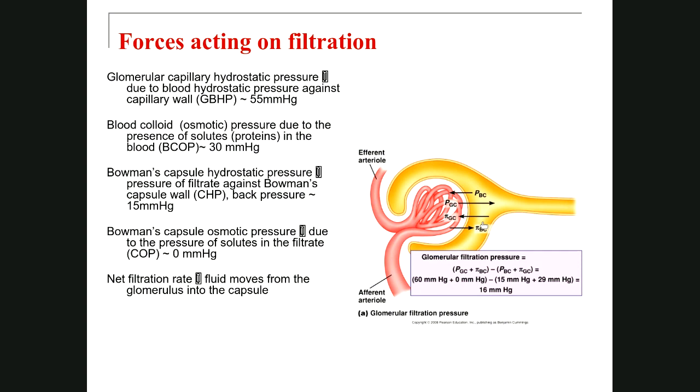So the amount of this pressure is zero in our renal corpuscle. And the net filtration rate is this: the fluid moves from the glomerulus into the capsule. And I will show it to you in the next slide.